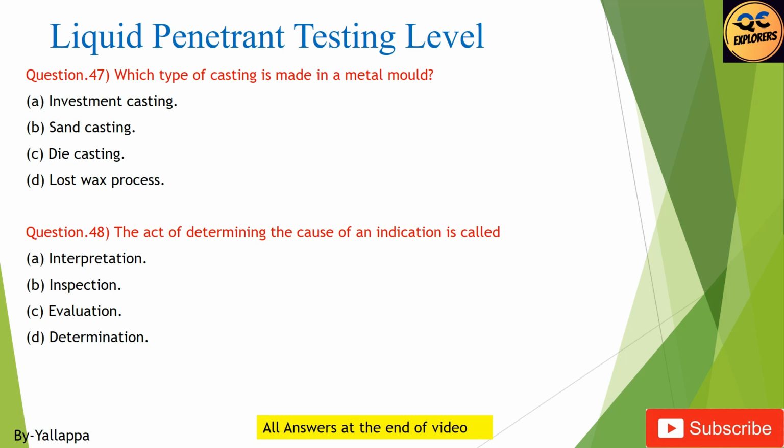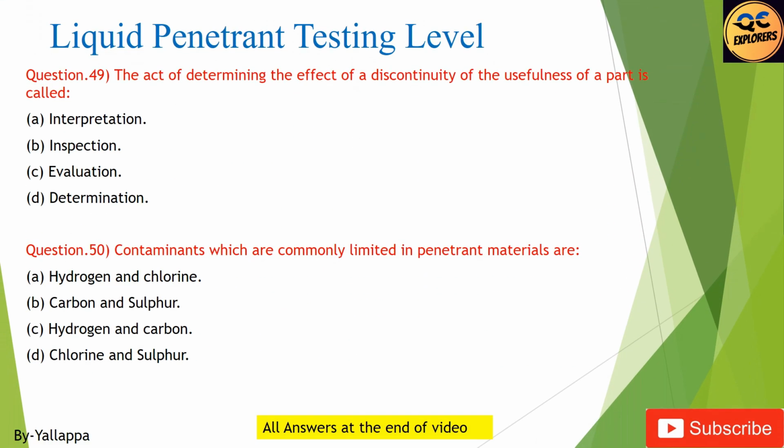The act of determining the cause of an indication is called interpretation, inspection, evaluation, determination. Question point 49. The act of determining the effect of a discontinuity on the usefulness of a part is called interpretation, inspection, evaluation, determination. Question point 50. Contaminants which are commonly limited in penetrant materials are hydrogen and chlorine, carbon and sulfur, hydrogen and carbon, chlorine and sulfur.